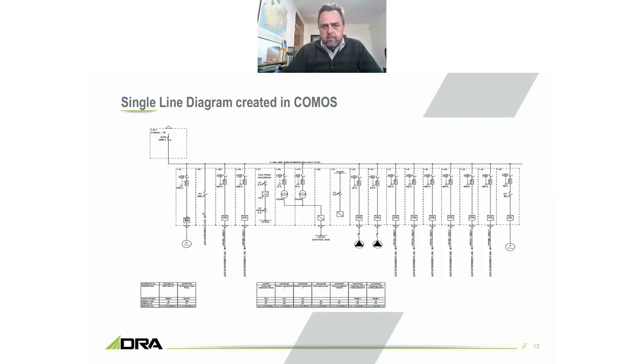Again, electrically, the tool is getting used in our design platforms. This is an example of an LV single line diagram showing an MCC and its distribution that allows me to see what starters are assigned where, and cables are assigned to particular loads.